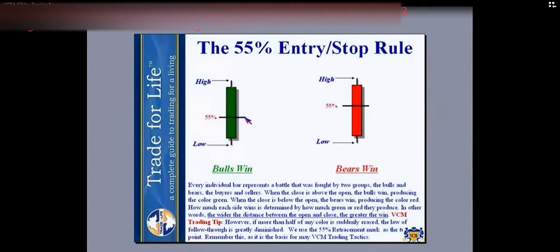What you're looking for is the follow-through. You know that when you see nice, healthy size bars, you get follow-through. So once you have this scenario, bulls win, bears win, your expectation is the bulls will win the next battle. Your expectation is the bears will win the next battle.